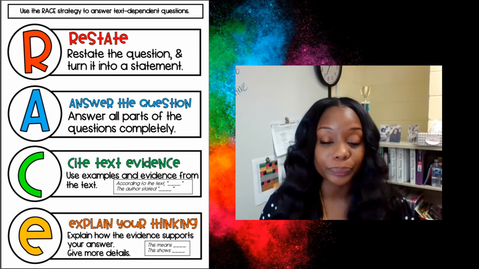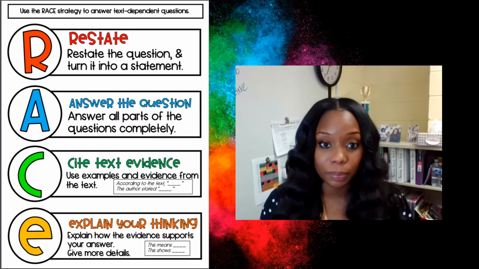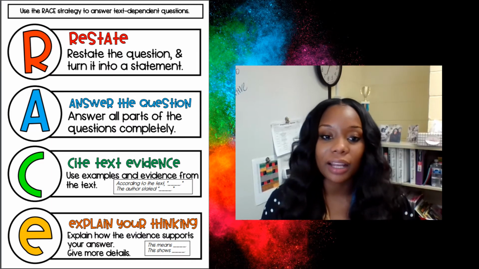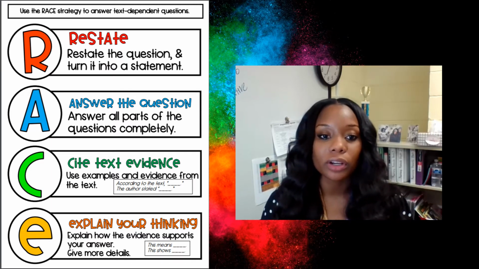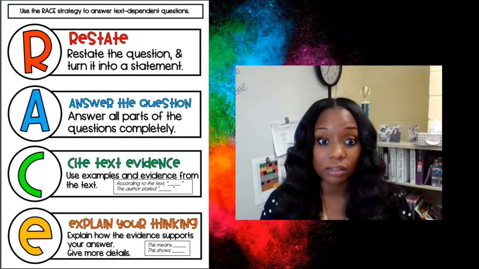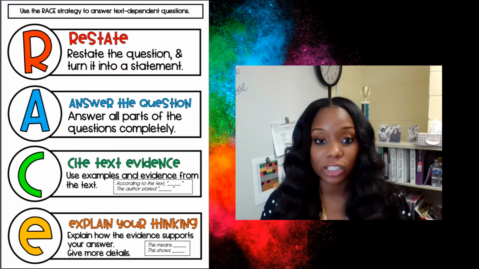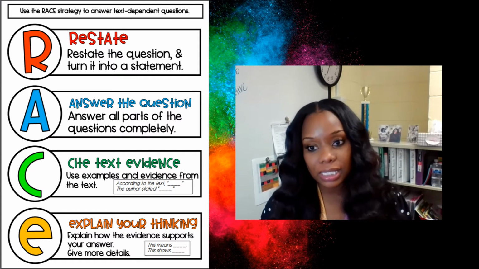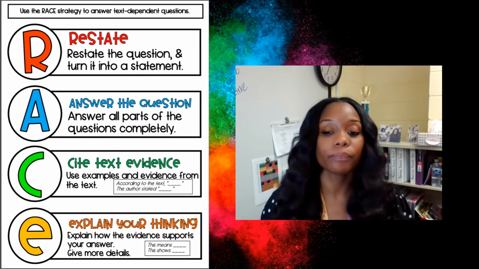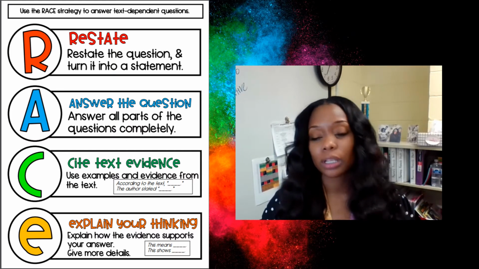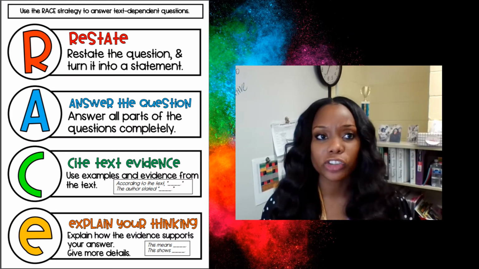Lastly, E. E means explain your thinking. Explain how the evidence supports your answer. Give more details. So you're using sentence starters, for example, this means, or this shows. Let's practice using our RACE strategy.